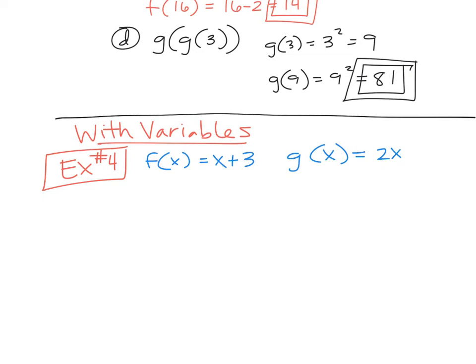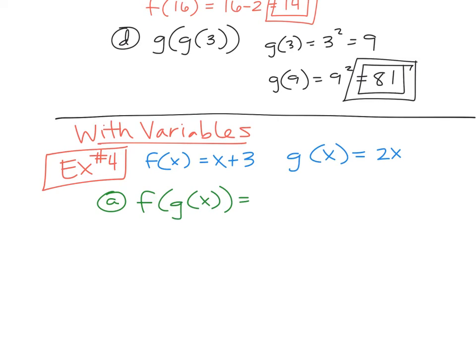Here's what we're going to do. For this first one, we're going to use those 2 functions for these next 2. Using those 2 functions, I want to know what f of g of x is. Notice I didn't give you a number to plug in for x. I gave you just the variable to plug in for x.